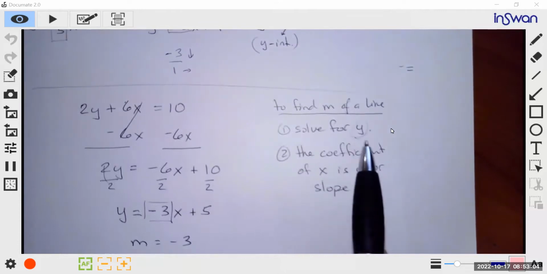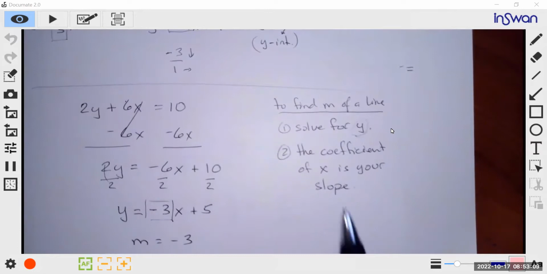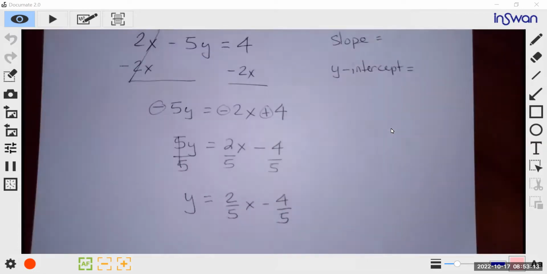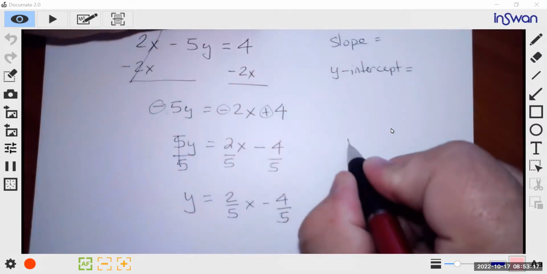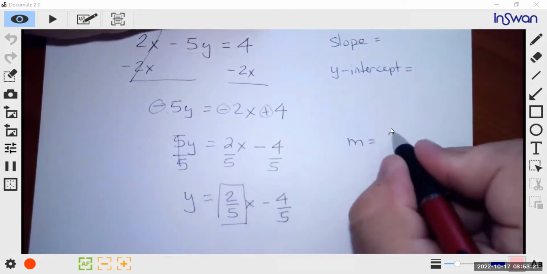To find the slope, solve for y, and where's the slope? No, the coefficient of x. The number in front of x is the slope. So your slope is positive 2/5.